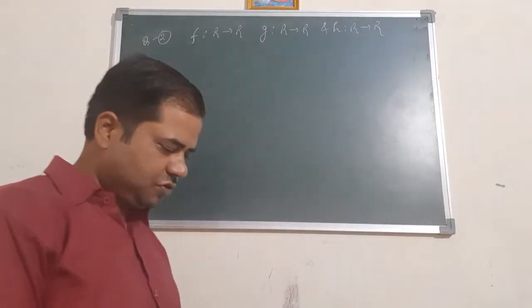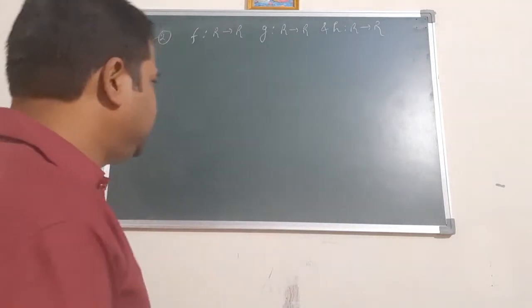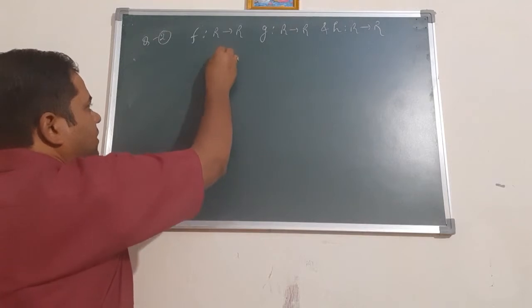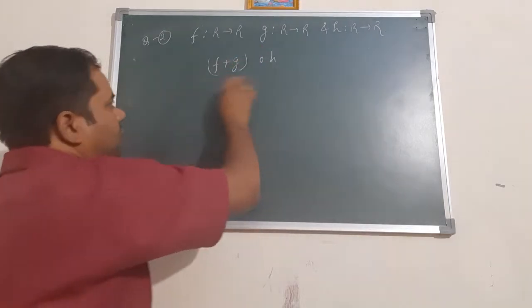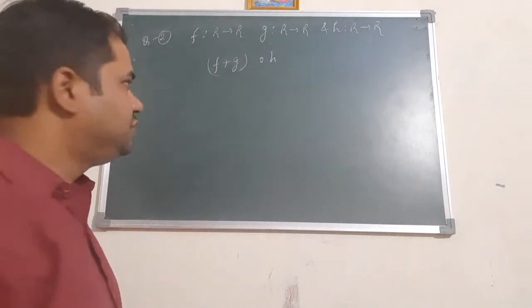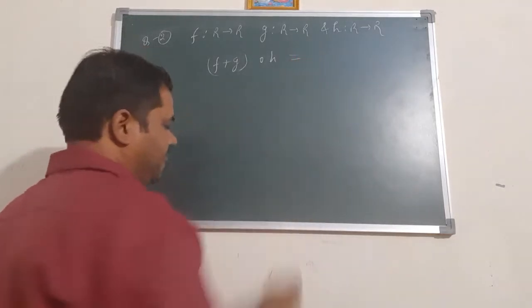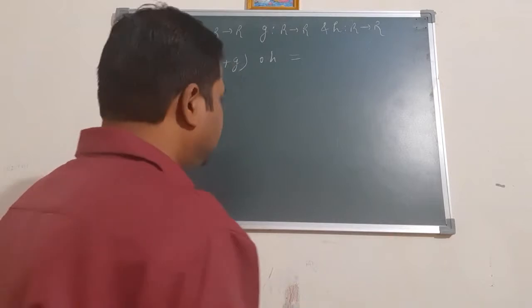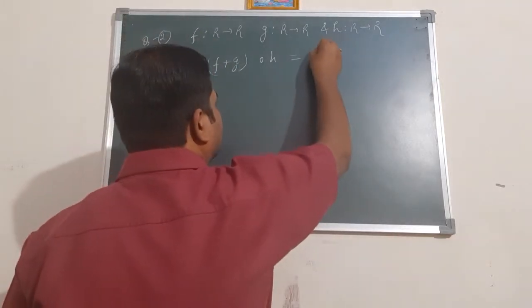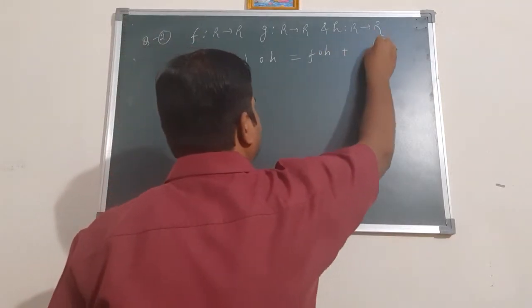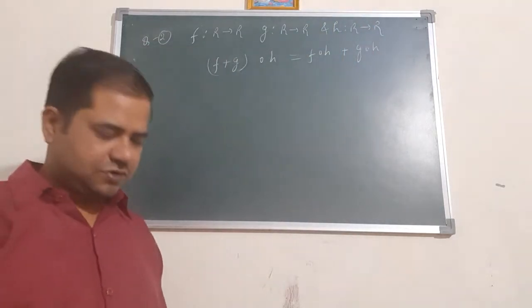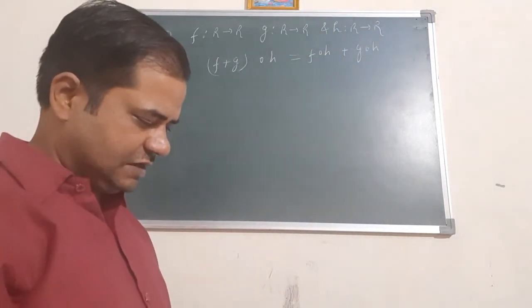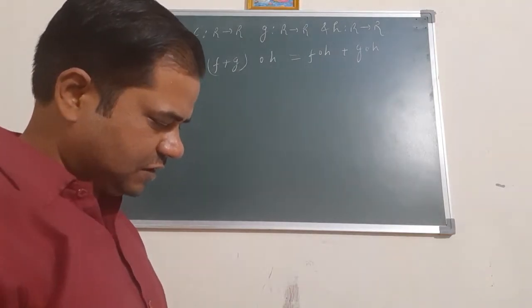Now we have to show that (f + g) composition h, that is h composition of (f + g), is equal to h composition of f plus h composition of g. First one I have solved here, and the second one is your homework.